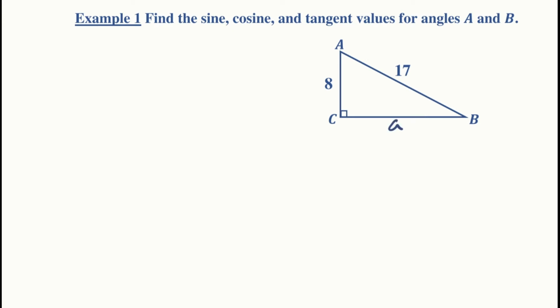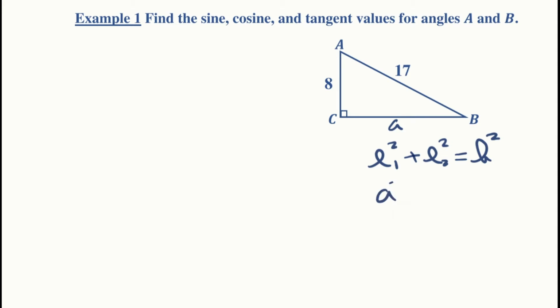So we have a squared plus 8 squared equals 17 squared. Remember, let me go ahead and write the general equation first, just so that I'm consistent. I always recommend that L1 squared plus L2 squared equals h squared.